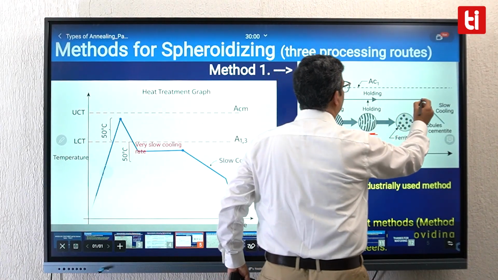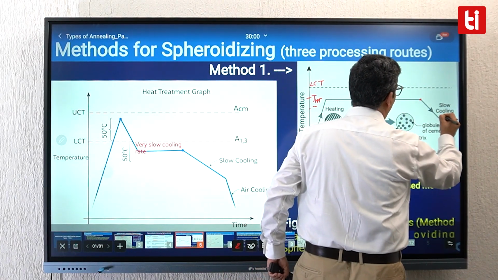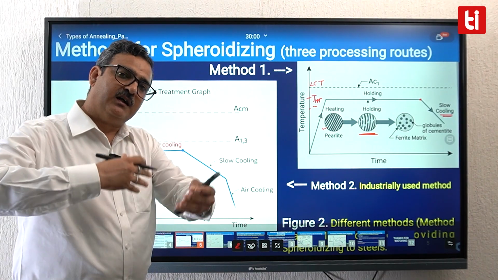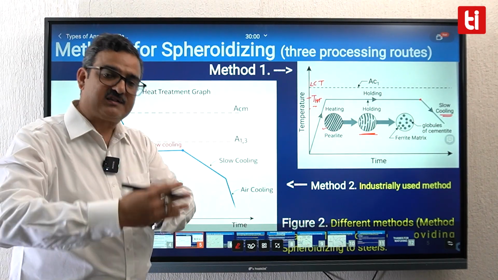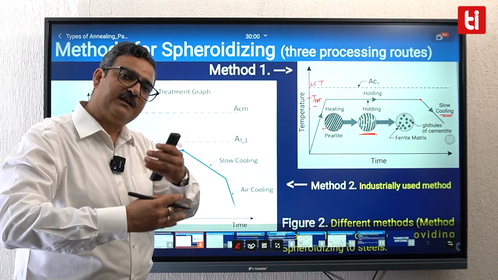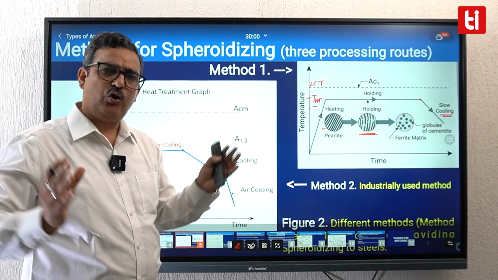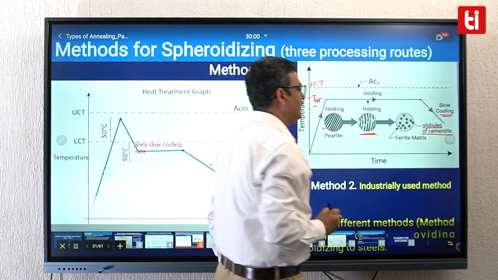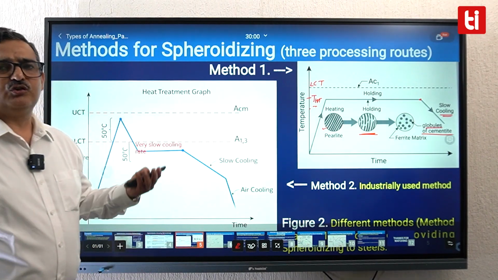And when this prolonged heating is completed and you follow it with slow cooling, this unstable lamellar cementite's shape or any carbide's shape all change to globular type of a cementite or any other carbides. So the objective is achieved.